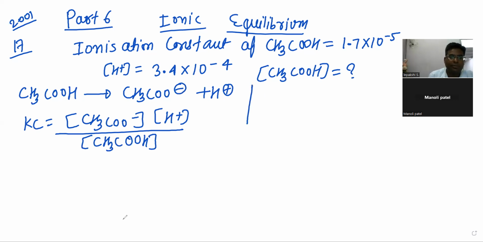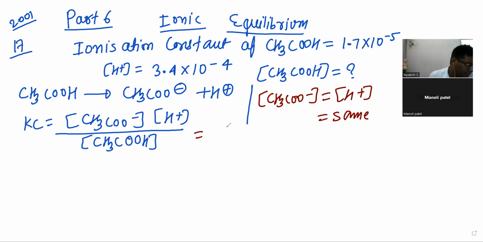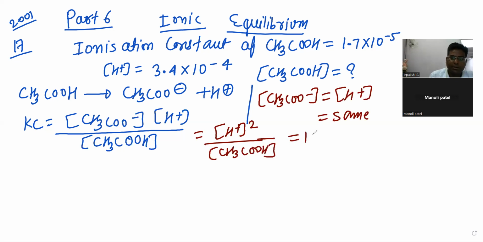As we can observe, the concentration of acetate ion and H plus ion is the same. Then it becomes concentration of H plus ion square divided by acetic acid concentration CH3COOH, equal to Kc.